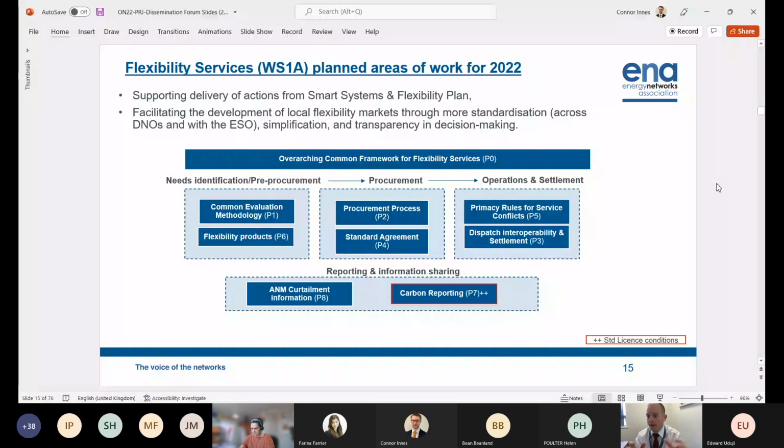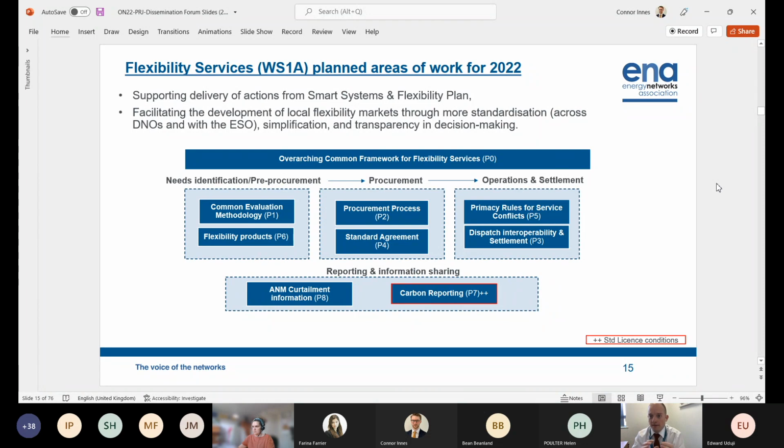So that's the common evaluation methodology, and we've built this as a tool through previous years of Open Networks, and now this product is very much about building in additional benefits and widening the reach of this tool, particularly to drive value within those markets for flexibility service providers.